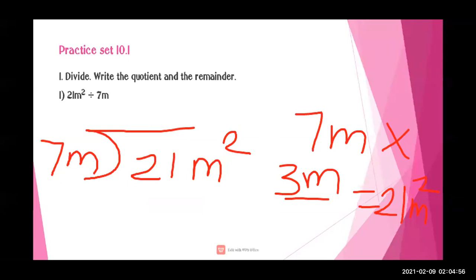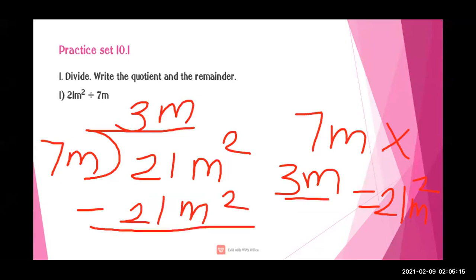So 7 times 3 is 21 and m will become m^2. So here you will write 7 multiplied by 3m equal to 21m^2. Then minus, draw a line, here it will be 0. Is it clear?